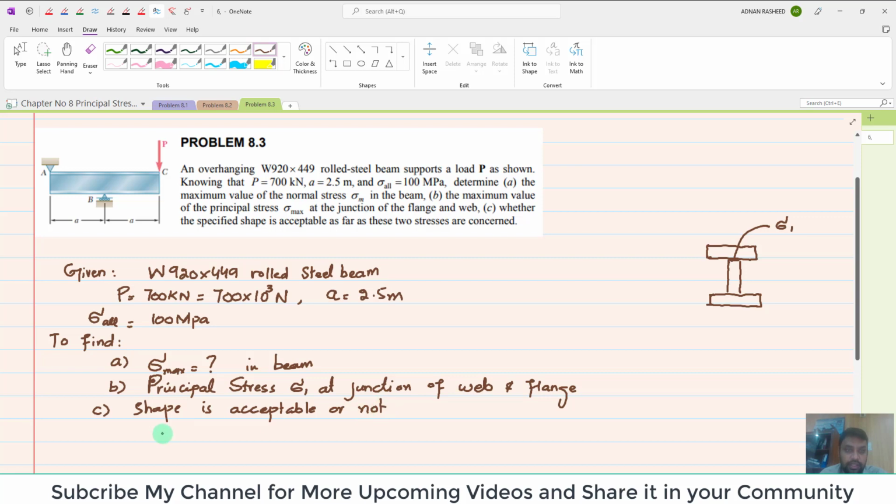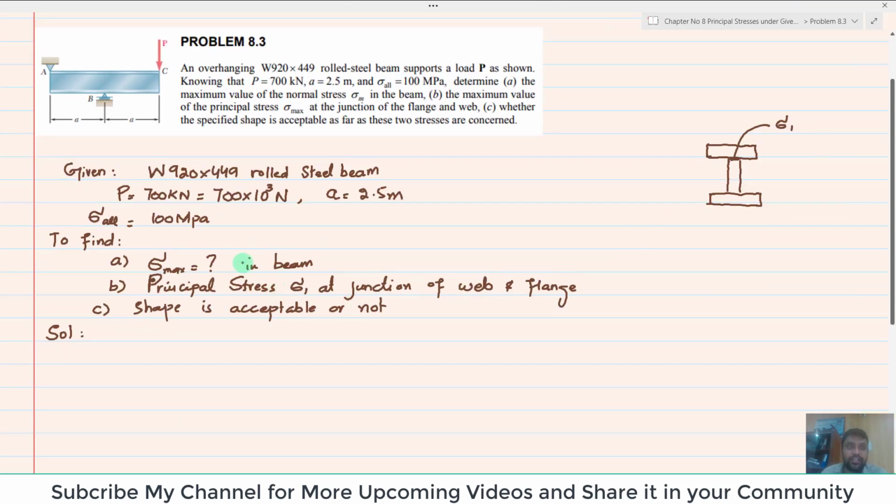So let's start with the solution. In order to solve this problem, you will have to find the unknown reaction forces at points A and B. For that we will draw the free body diagram of this beam. So this is the free body diagram.